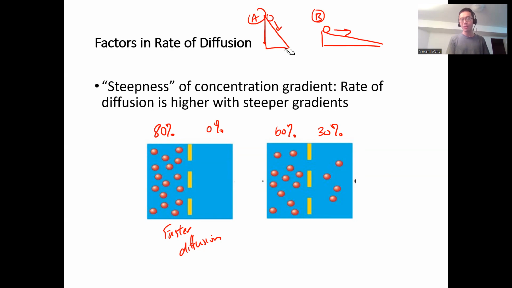Because this is a steeper hill. The difference in height is greater compared to the difference in height here. And that's essentially what's happening. The difference is so great, the diffusion will be occurring faster compared to when it's more gradual. It will still happen, these things will still go over, but it's not going to be going over very quickly.